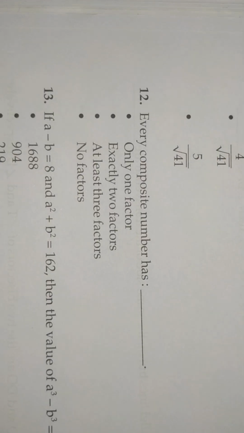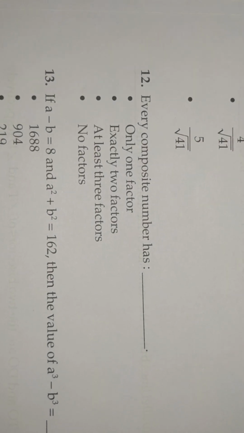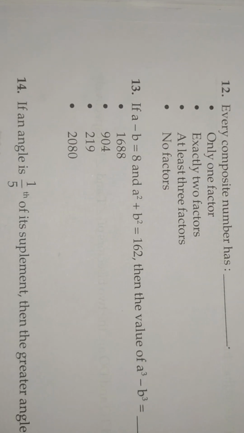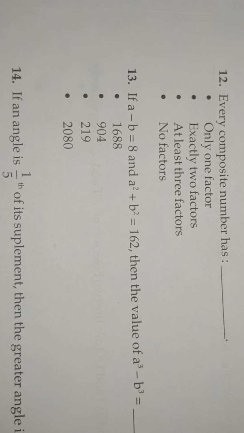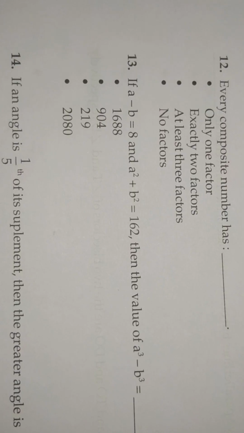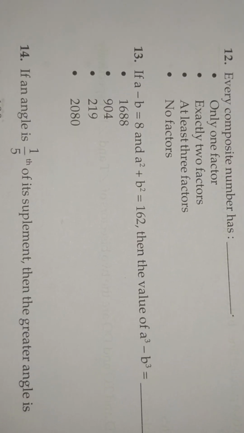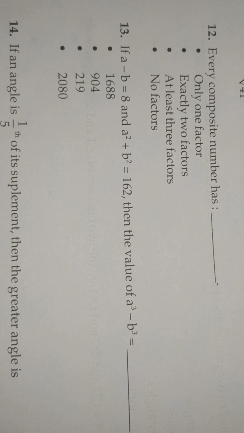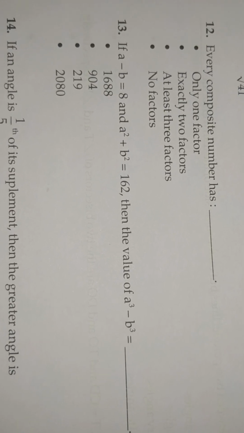Question number 12. Every composite number has at least 3 factors. Question number 13. If a minus b is equal to 8 and a square plus b square is equal to 162, then the value of a raised to 3 minus b raised to 3.